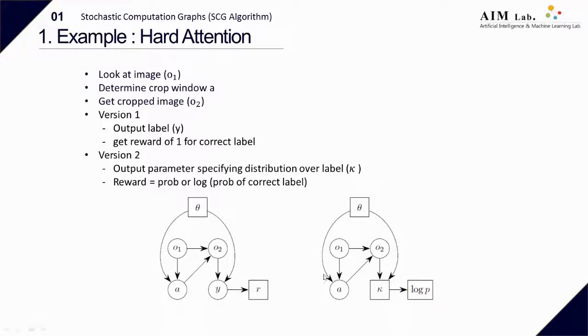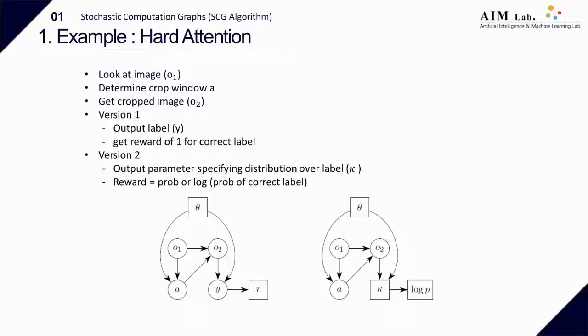So instead of defining this loss, we consider another loss of this form. The loss specifies some probability, like 0.2 for cat and 0.5 for dog. It is a probability distribution over label k.